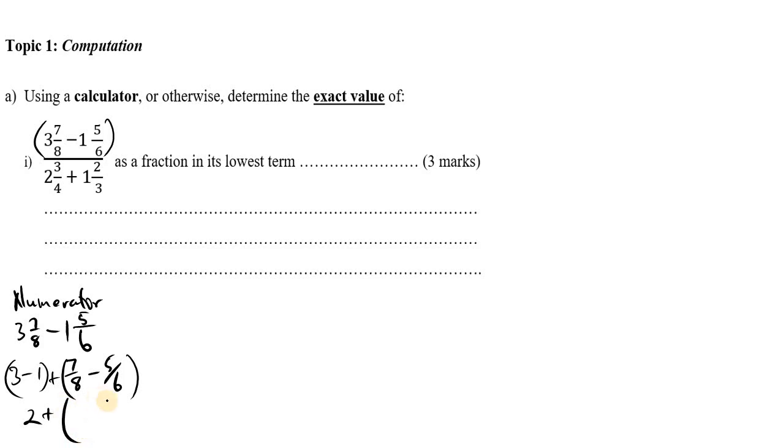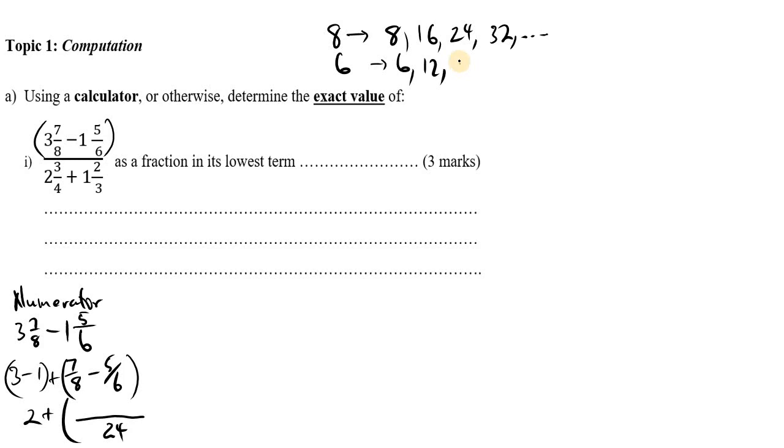And for the fractional part, the LCM is 24. That's the lowest number that 8 and 6 can enter into. If you look at the multiples of 8, 8 plus 8 is 16, plus 8 is 24, 32, and so forth. Now I'll stop there because I know that I'll end up with 24, right?